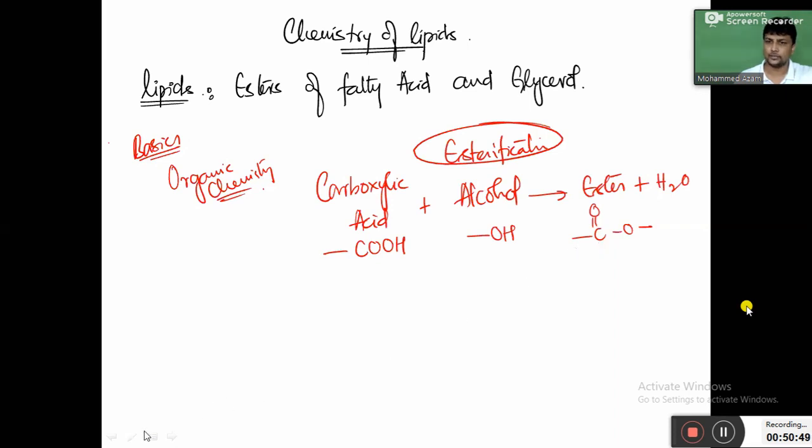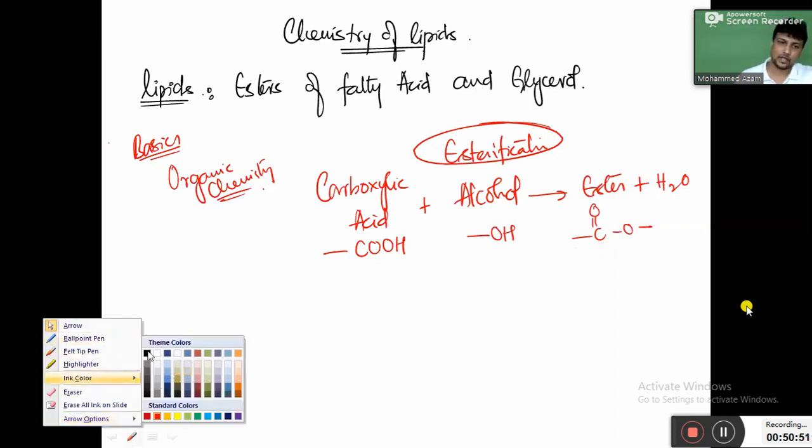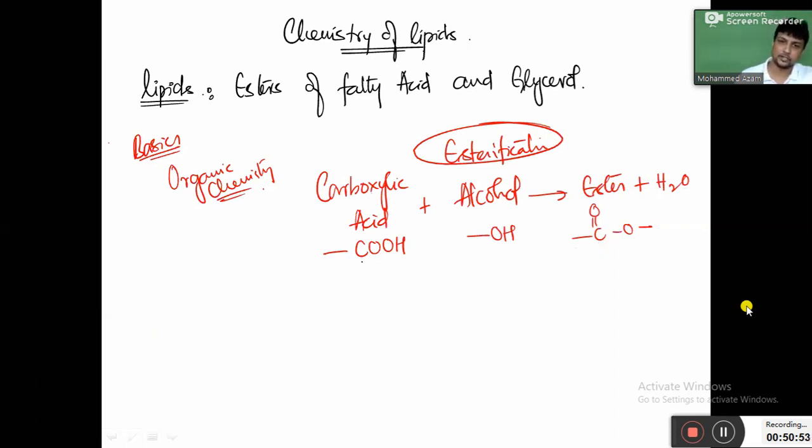Now, out of all the carboxylic acids, which one are we going to take? We are going to take the fatty acid. Fatty acid is one of the carboxylic acids.